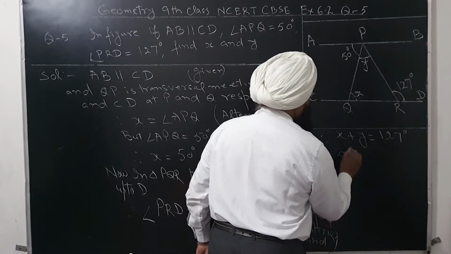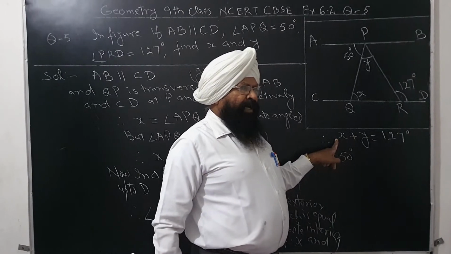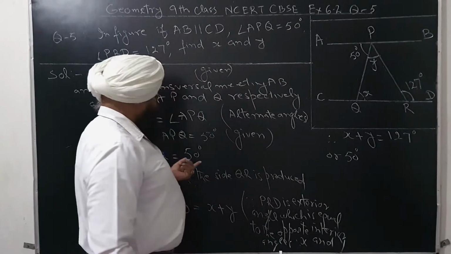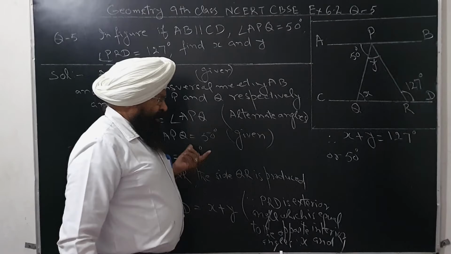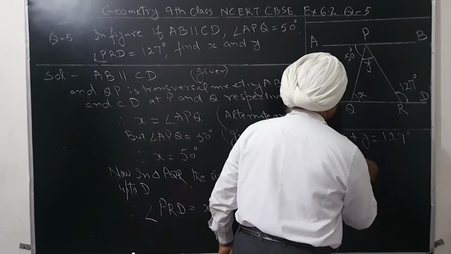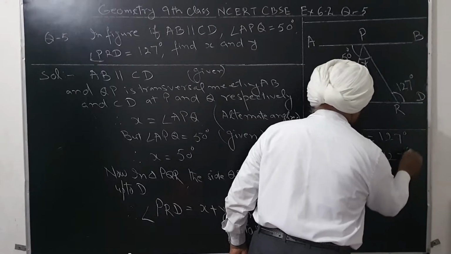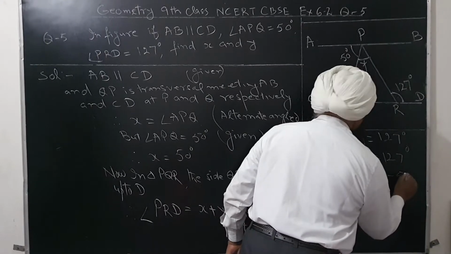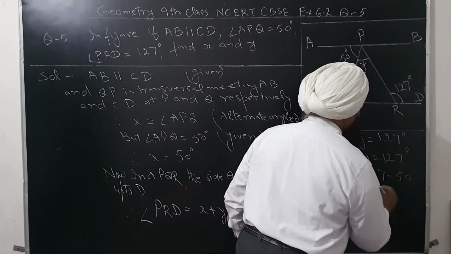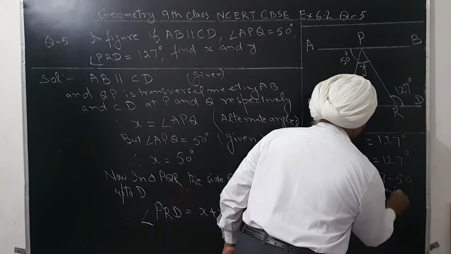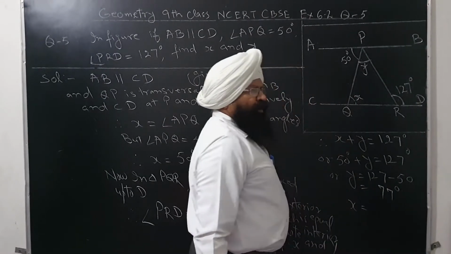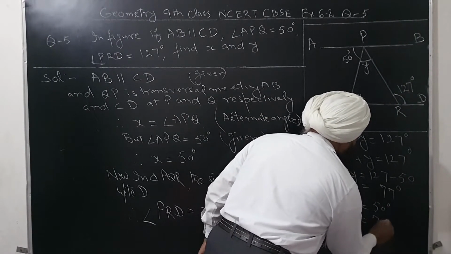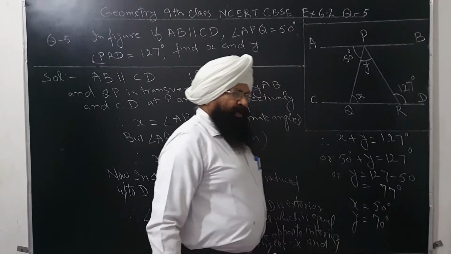Value of X we have already determined that X is 50 degree. Or 50 degree plus Y is equal to 127 degree, or Y is equal to 127 minus 50 degree, that is 77 degree. Hence, value of X is 50 degree and Y is equal to 77 degree. Do you understand?